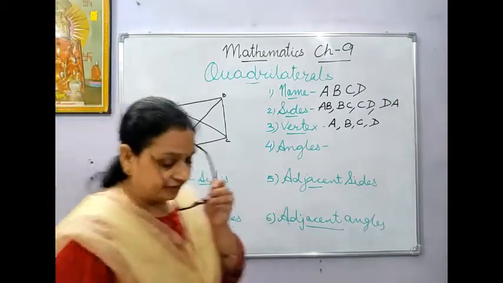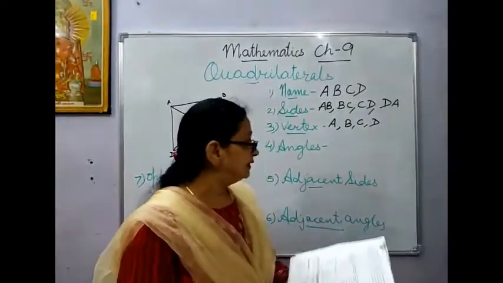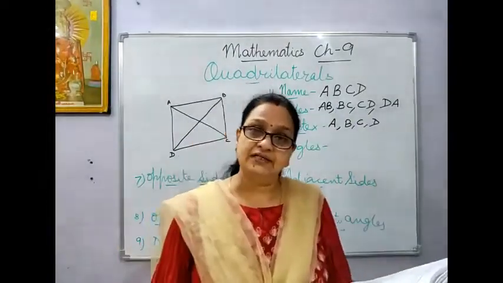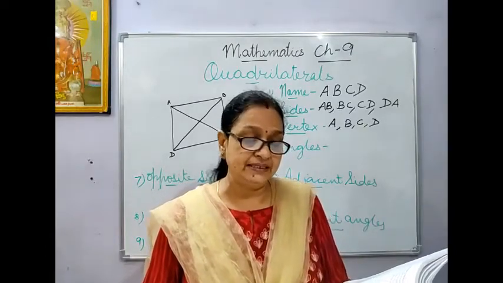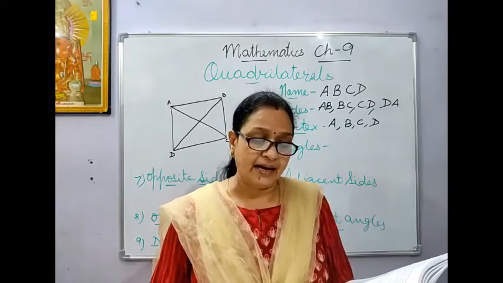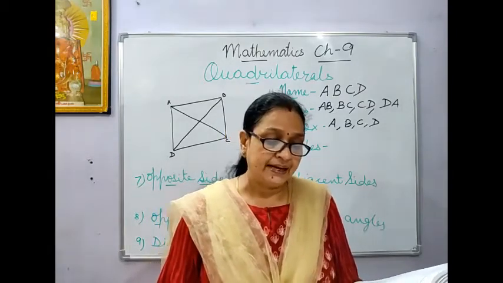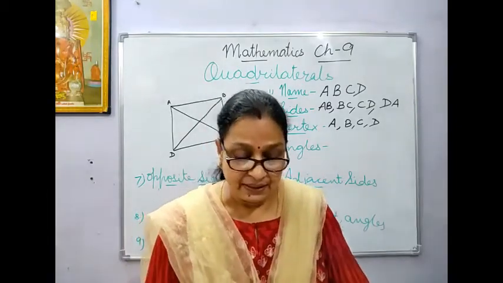Okay. So first I'll read. AB, BC, CD and DA are the sides of the quadrilateral. Angle DAB, angle ABC, angle BCD and angle CDA are called the angles of the quadrilateral. They can also be written as angle A, angle B, angle C and angle D.